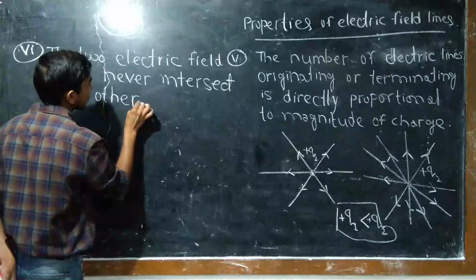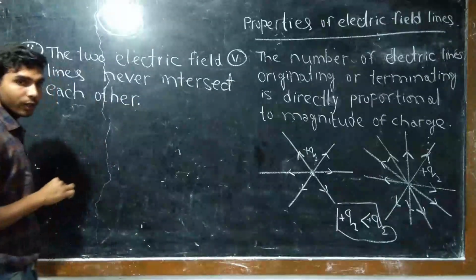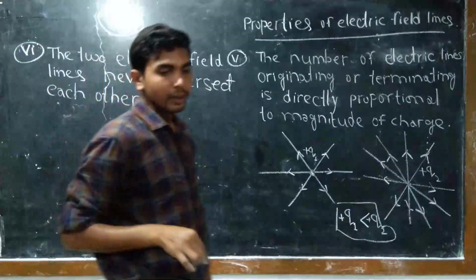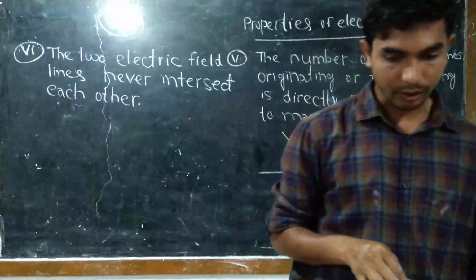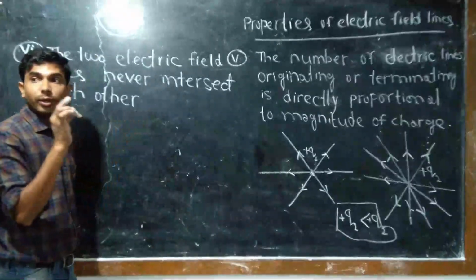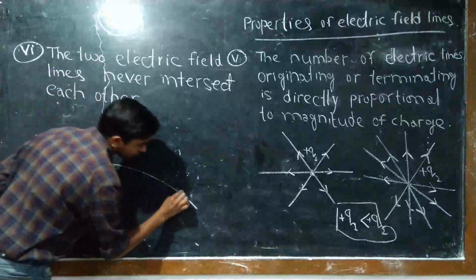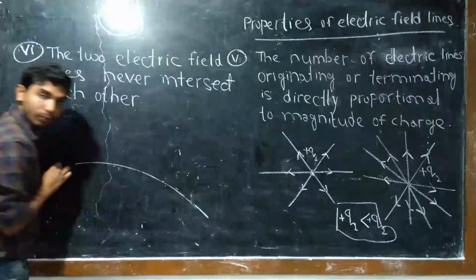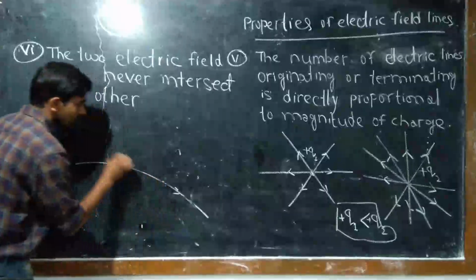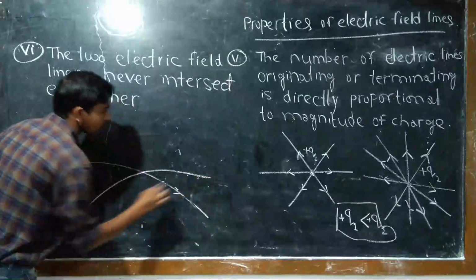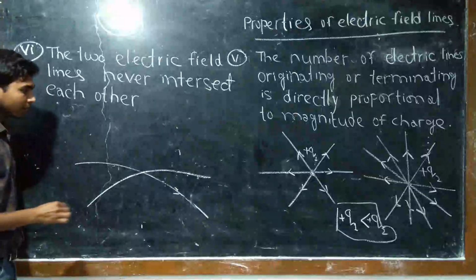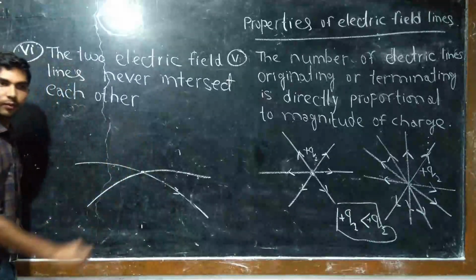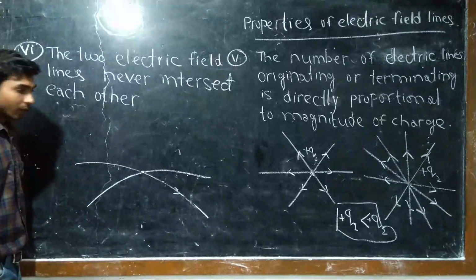Okay. If this one is going to intersect, suppose this is your one electric field line, right, and this is another electric field line. Okay, so at this point these two electric field lines are intersecting, right?